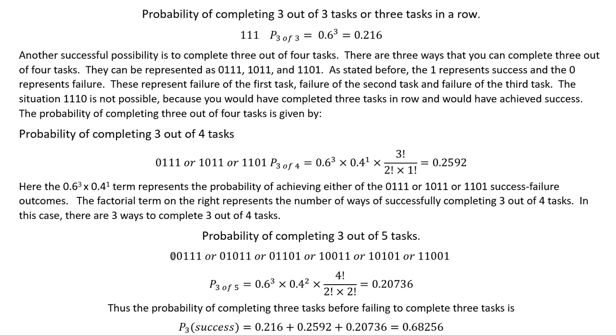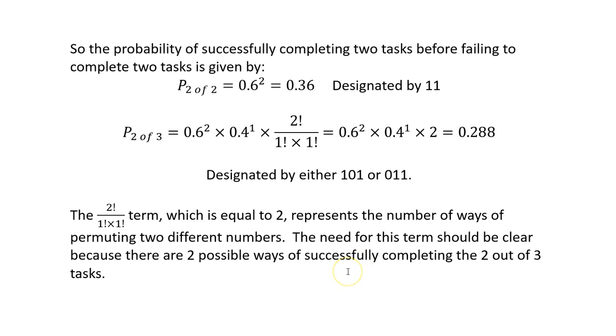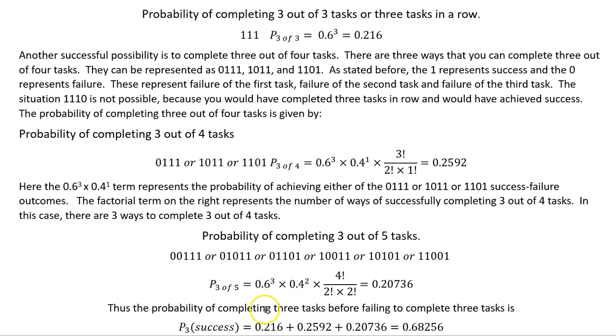This is failure, failure, success, success, success, all right? And these are the other ones. You could look at them, but there's 6 ways of doing it. And again, we're going to have 0.6 cubed times 0.4 squared, 3 successes, 2 failures. And this factorial term is the number of ways of getting these 6, it comes out to 6, all right?